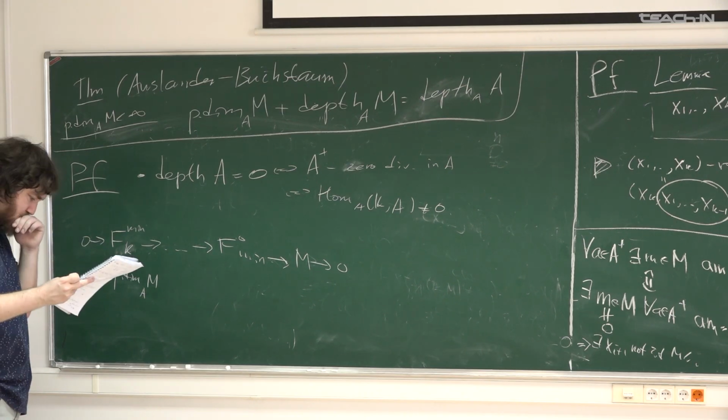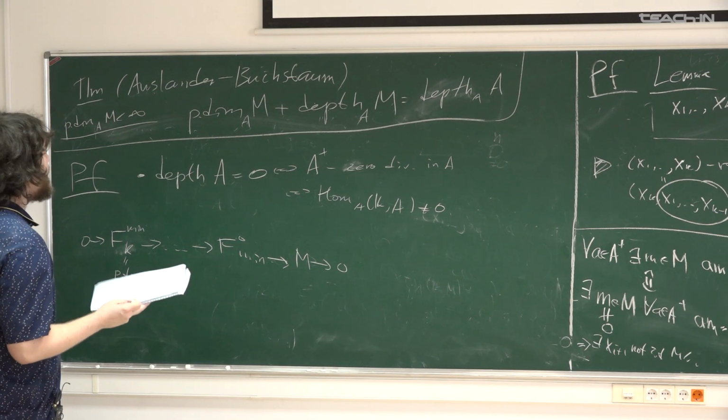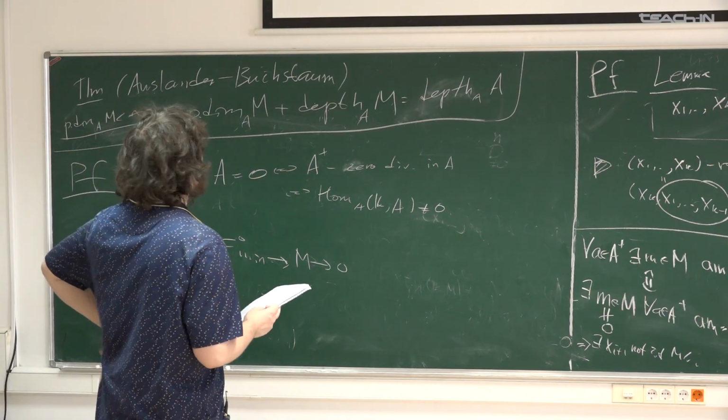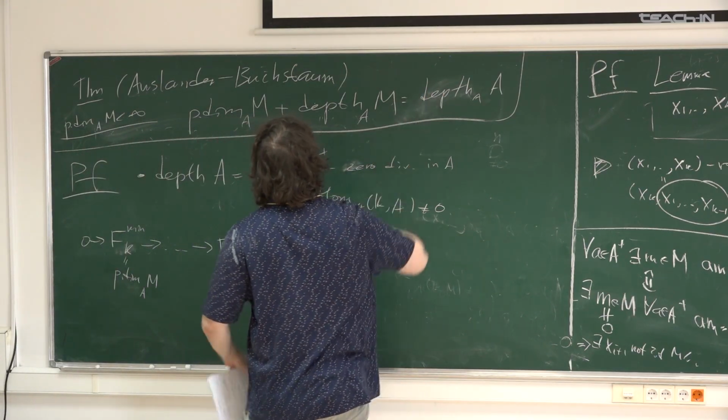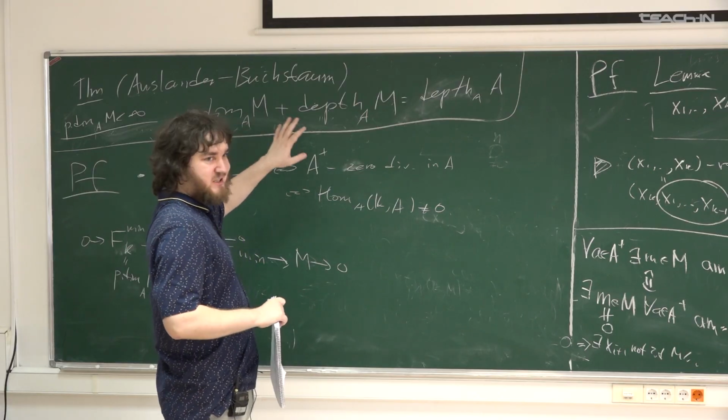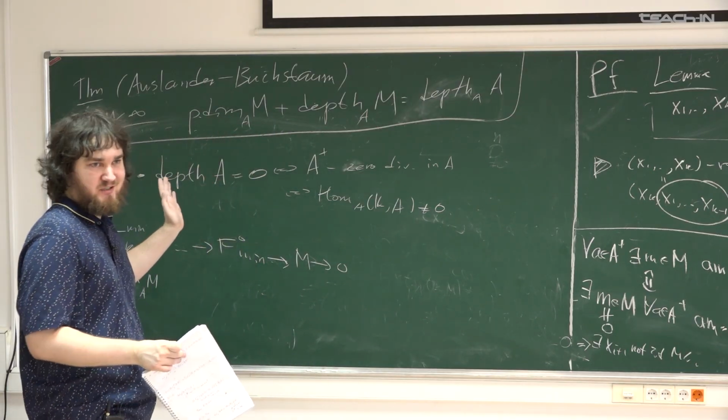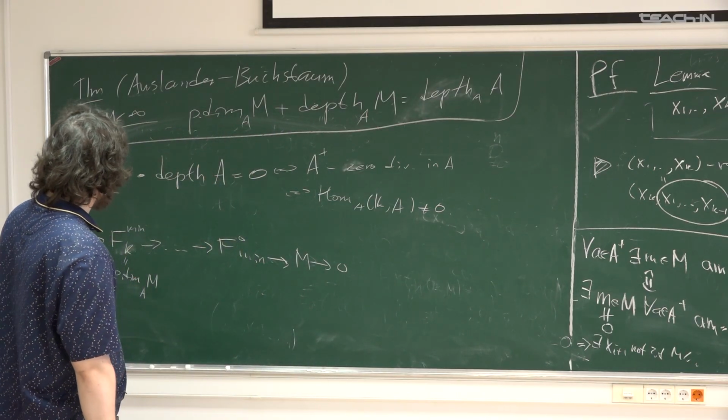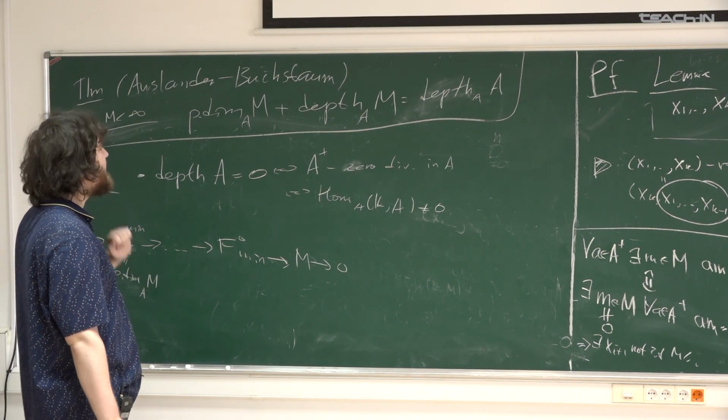But now, in fact, what we need to check: if the sum is 0, we need to check that both numbers are 0, because they are non-negative. So we need to check that the projective dimension is 0 and the depth is also 0.